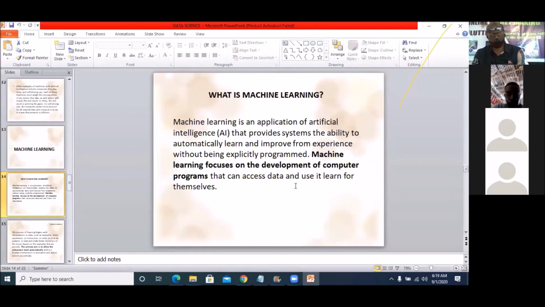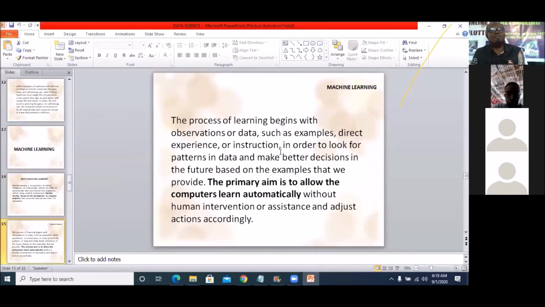Machine learning focuses on the development of computer programs that can access data and use it to learn for themselves. The process of learning begins with observation or data. So like I said before, anything in machine learning has to start with data. That's why we learned about big data first. You have to have enough data because it's from the data that the machine learns.